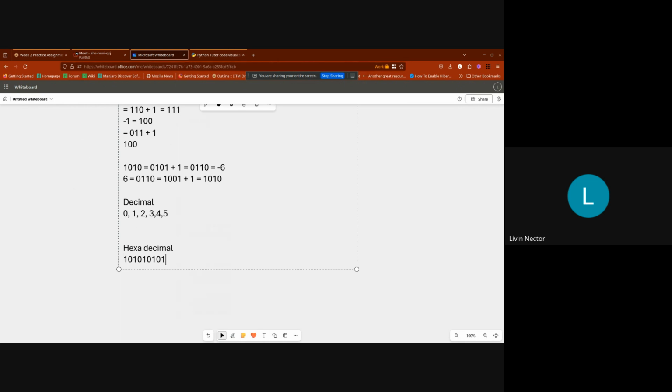If I write something like this, what is this number? We cannot read it or tell how big it is, because there are only 0s and 1s. We are used to seeing numbers like 9, 10, so that we can compare easily, right?